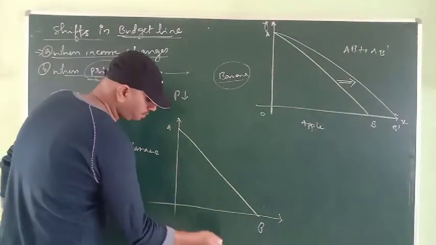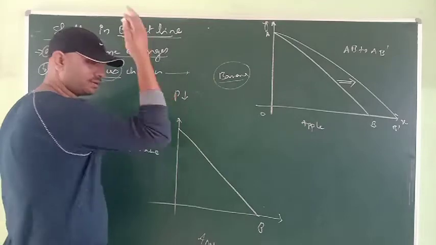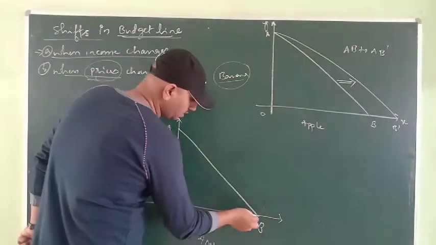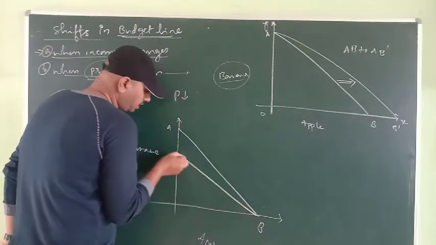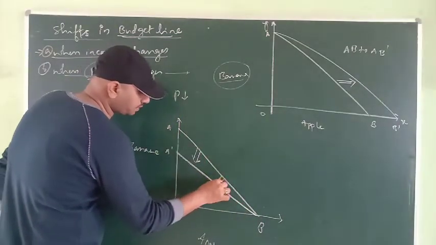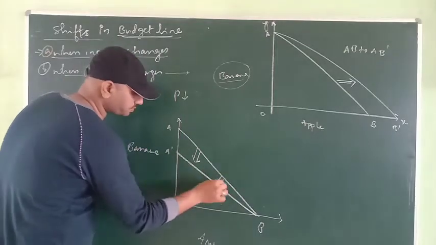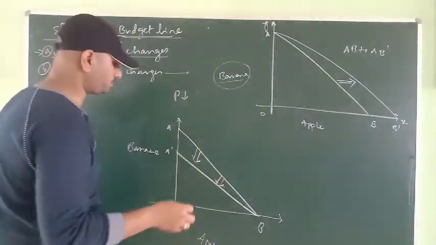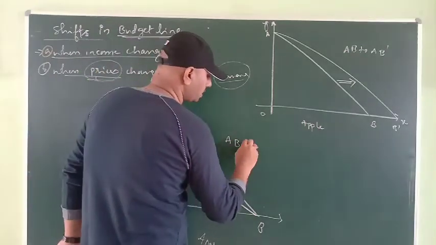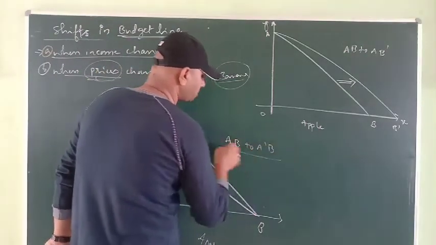In the market, the price of apple remains the same, but the price of banana has gone high. In such a case, the consumer may prefer less of banana. Then it takes a leftward downward shift. In such a case, the budget line will shift from AB to A dash B.